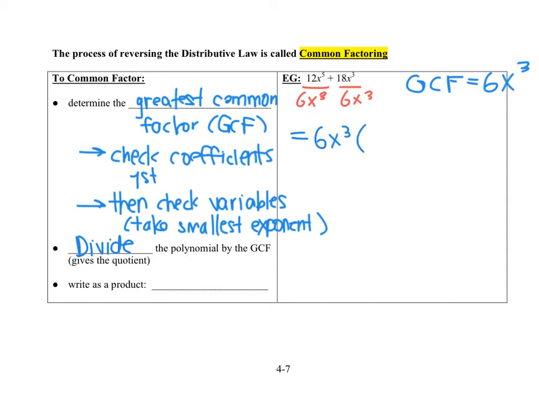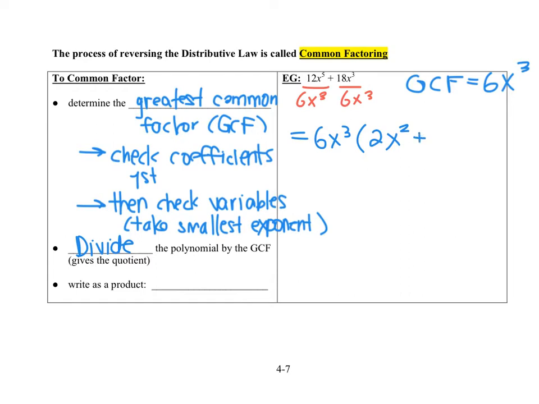So what you divided out, you're going to put outside the bracket. And when you open up your bracket, you're going to put your quotient. So 12 divided by 6 is 2. X to the 5 divided by x to the 3 is x squared. Remember those exponent rules from grade 9. When you're dividing terms with the same base, you subtract the exponents. So 5 minus 3 is 2. The x stays the same.